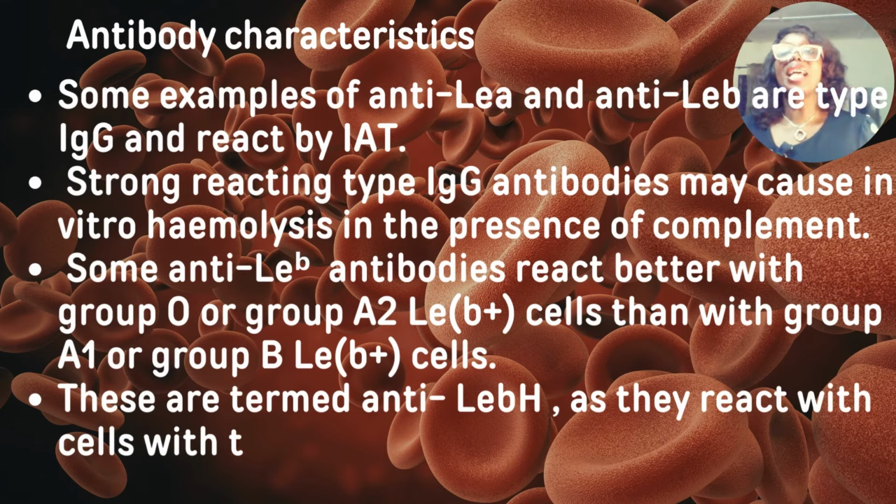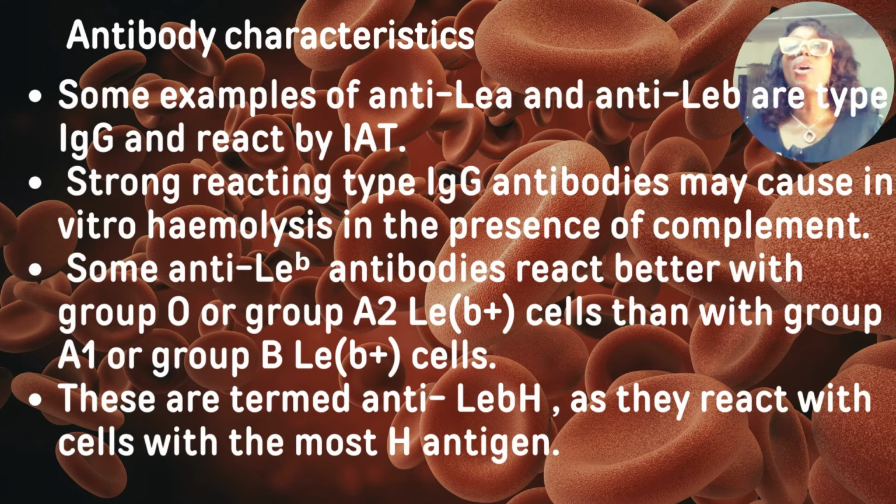Strong reacting IgG antibodies may cause in vitro hemolysis in the presence of complement. That is, this IgG type of anti-Lewis A or anti-Lewis B can cause in vitro hemolysis in the presence of complement.